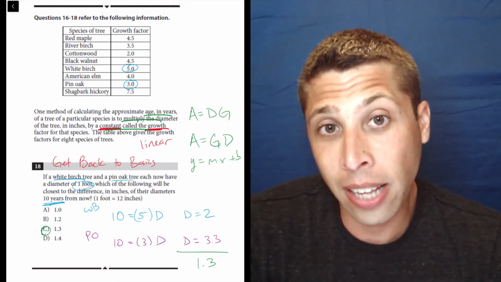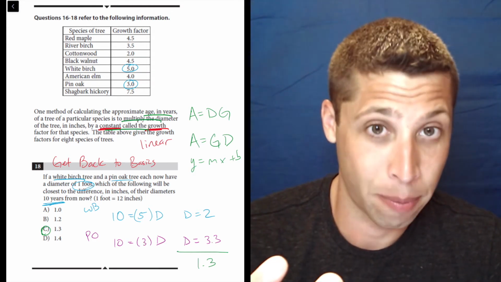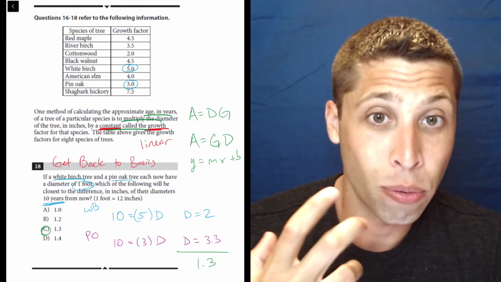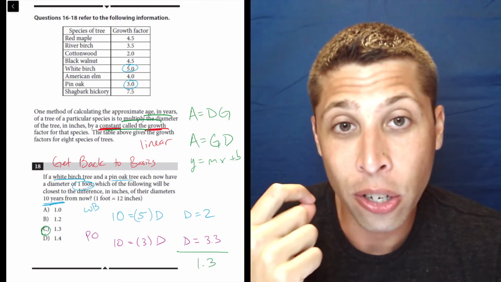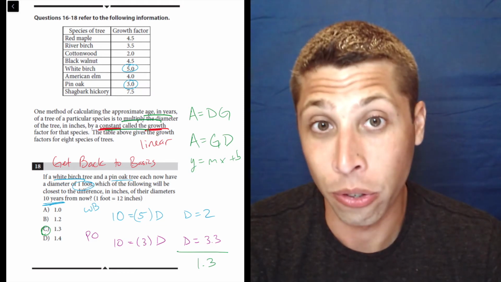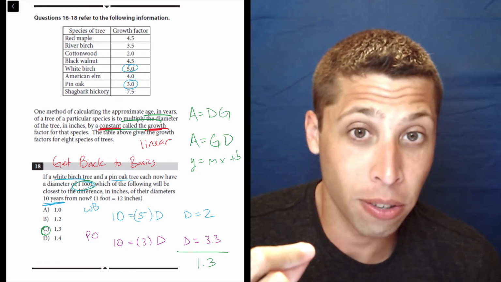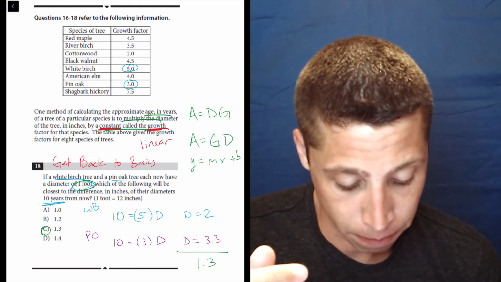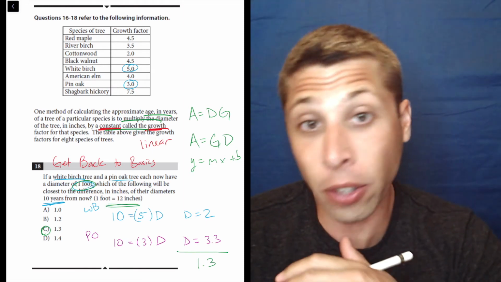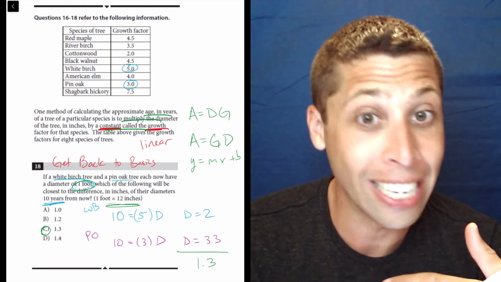Now, the reason that this is a weird way to do it is that just from an SAT standpoint, it's very, very rare that we are given information that we don't use. So in this case, we were told that the trees are a foot wide, thick, whatever, and we were told the conversion because the equation specifically tells us that this equation is in inches.